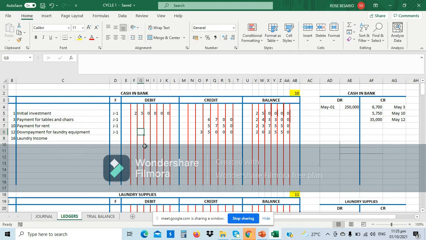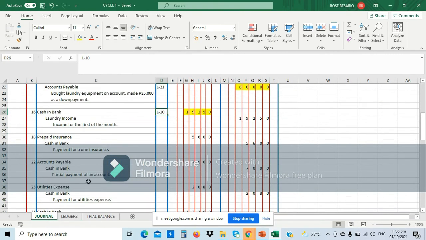This is from J-1. 19,250. So your new balance now is equal to 221,000. And then in your T account, you also post, this is May 16, 19,250. Okay.